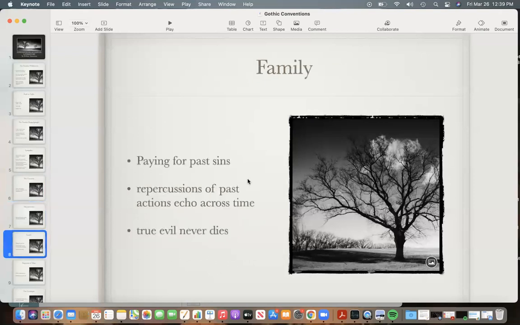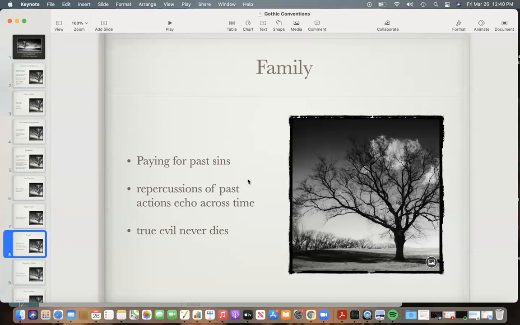Throughout the book, his morals are questionable. Family is a big one, and I think you could probably see some stuff in this with family, particularly if we're talking about the monster as being sort of his son. That's definitely a family thing. The ways that this theme of family manifests in Gothic literature, if you have people who pay for the sins of their families, like paying for their fathers' or grandfathers' sins.